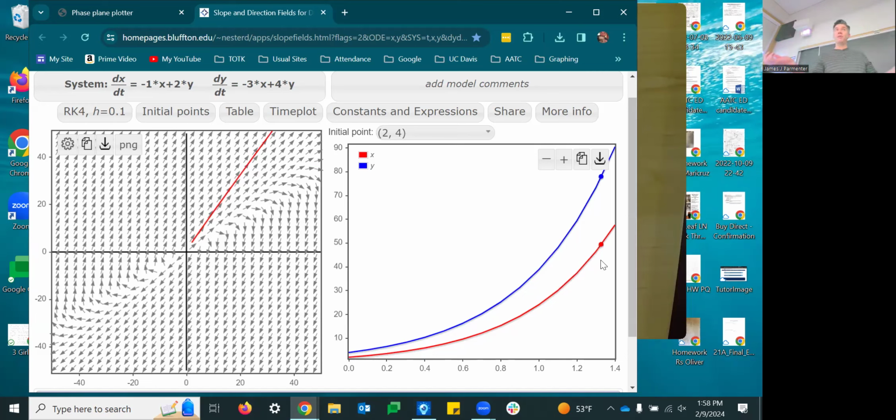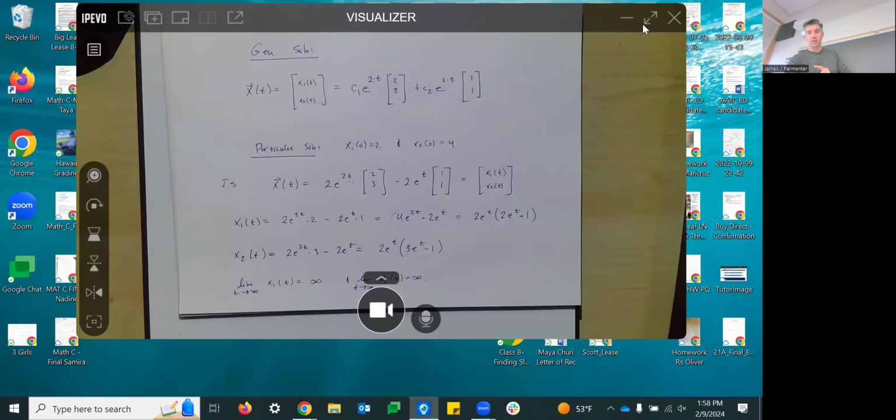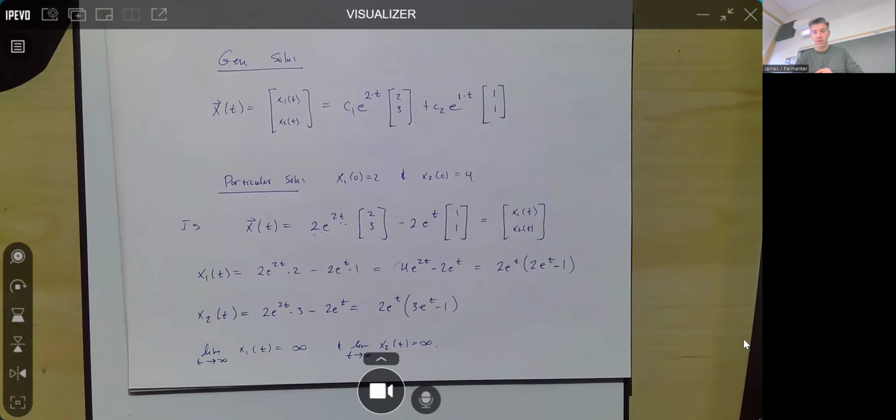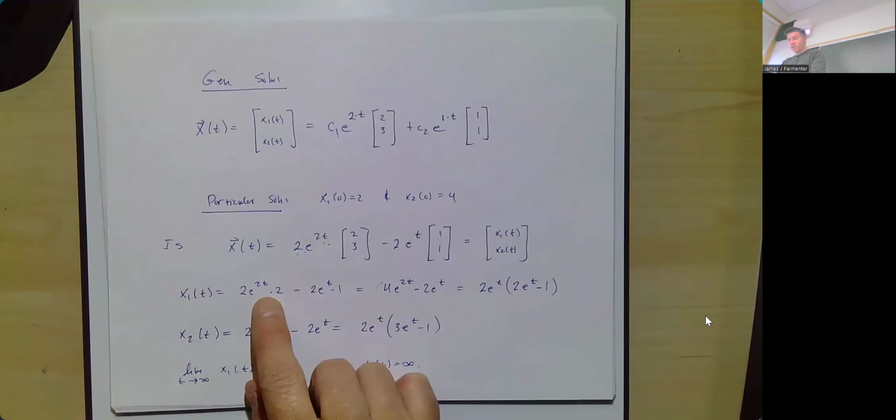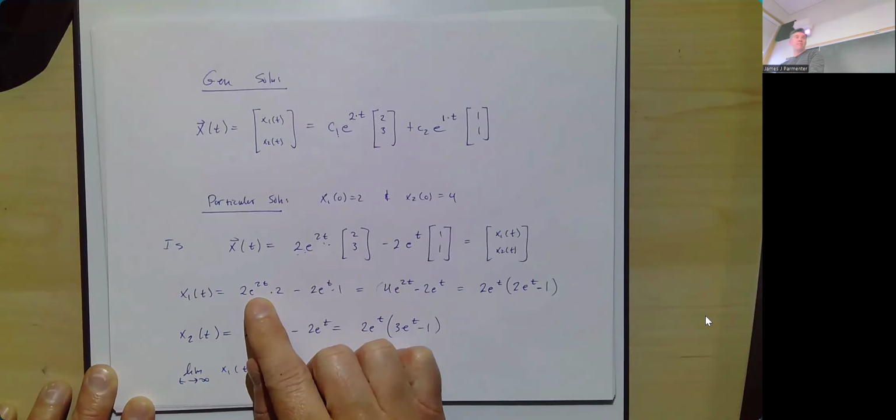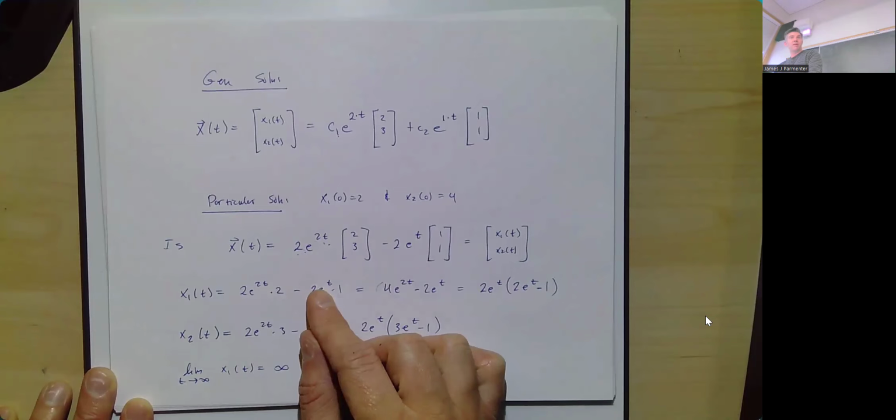This doesn't always happen, but it definitely does always happen if both eigenvalues are positive. If you look back to the work we were doing, you can see that both eigenvalues being positive means you get e to something really big and e to something really big, and that gets really big.